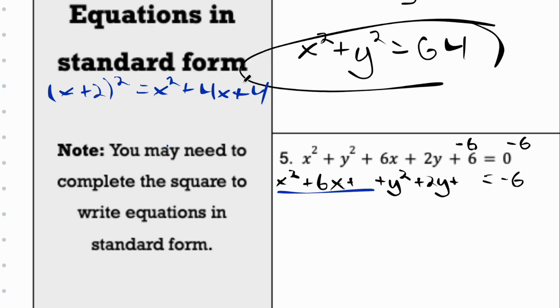Okay. And so, essentially, if we look at this 2 and this 4, this 2 is going to equal b over 2, 4 over 2, right? And this value is going to equal b over 2 squared.